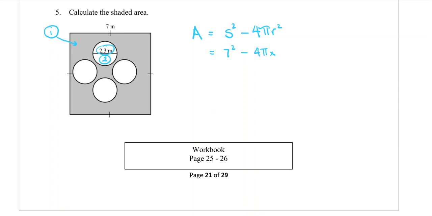The 2.3 is a diameter, so the radius is going to be 2.3 divided by 2, which is 1.15. So we'll put that in here, 1.15 squared. Type all that in and you find that the area of the shaded section is 32.38 meters squared.